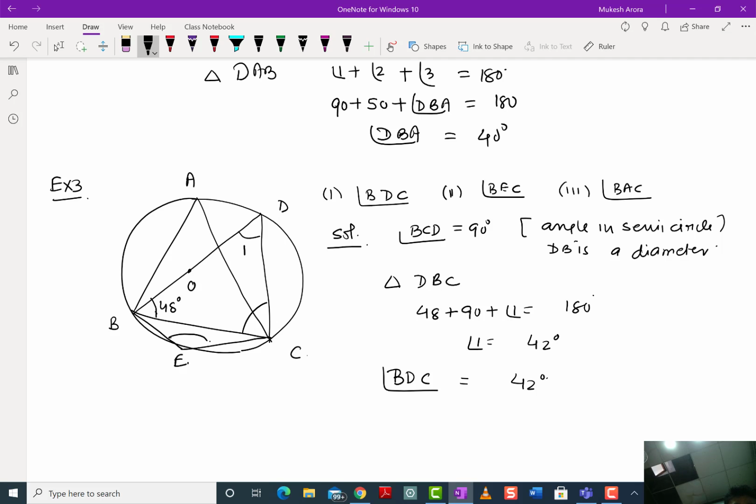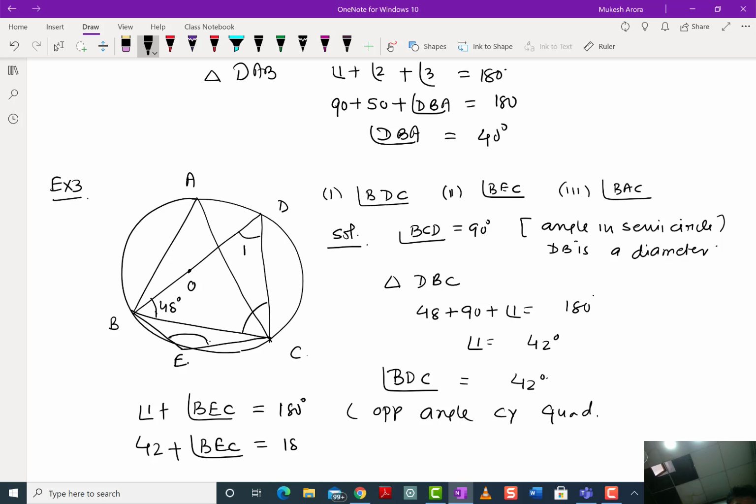BEC. Angle 1 plus BEC is equal to 180, opposite angles of a cyclic quadrilateral. So 42 plus BEC is equal to 180. BEC is equal to 180 minus 42, that is 138.